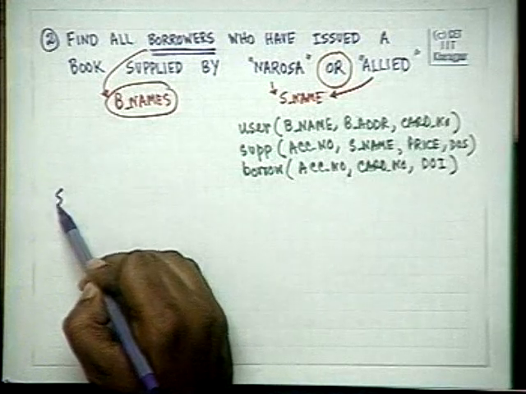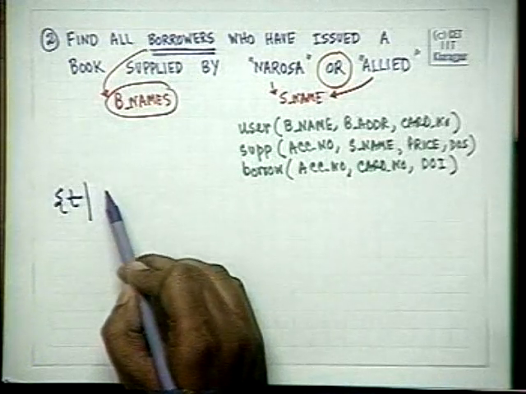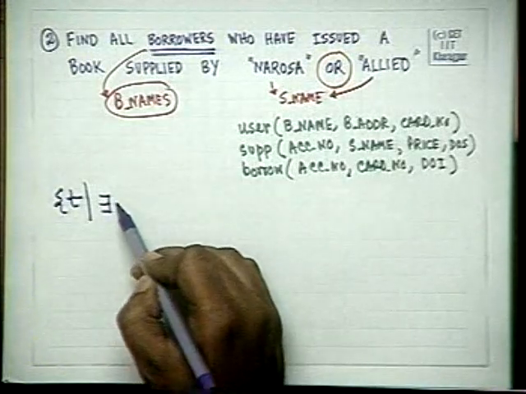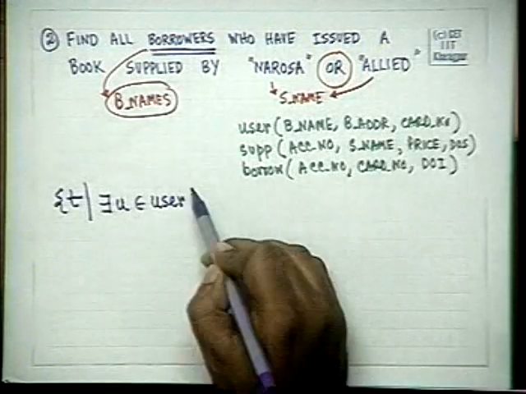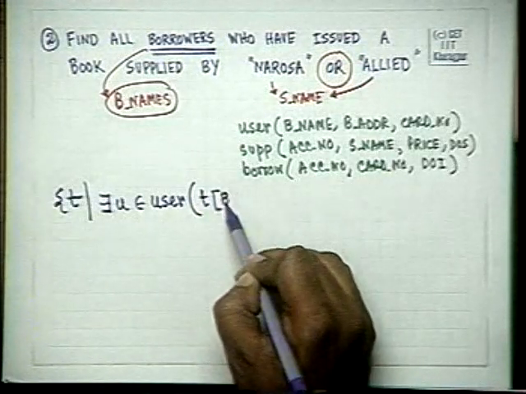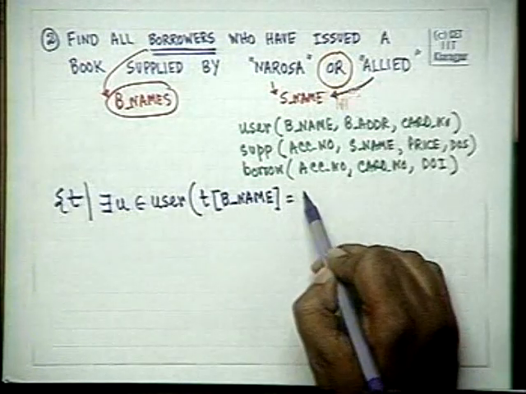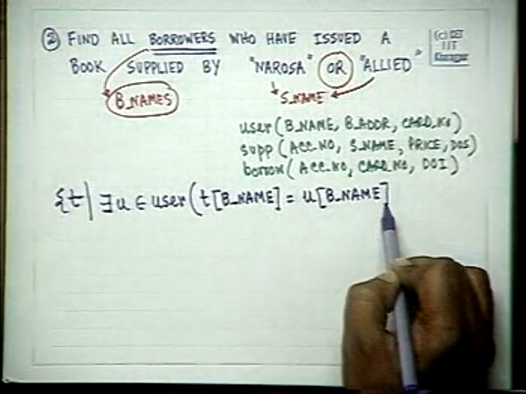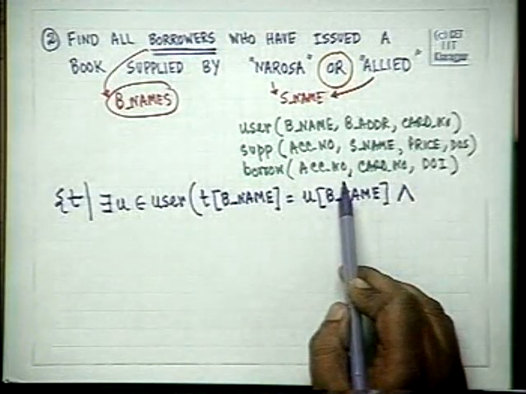Here what we will do is, we will have T such that there exists U element of user, and for that T we have only one attribute, the name must match, and then for this person must have borrowed some book.